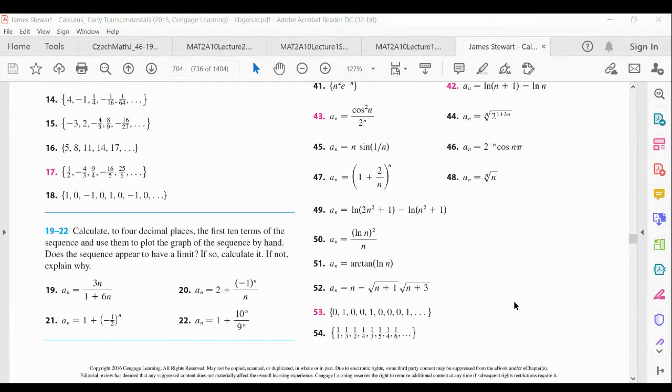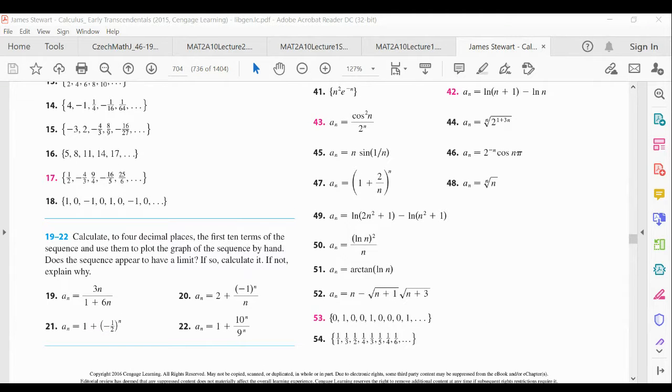But it cannot converge because it doesn't get closer to just one particular value. And so 18 is another example of how a sequence diverges. Okay, so the answer is that one diverges. Now I'm going to stop and have a look at whether there are new questions.